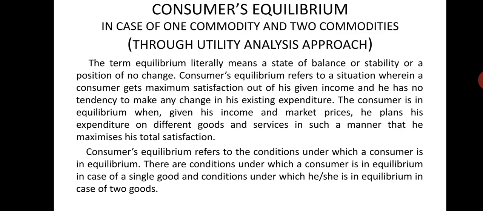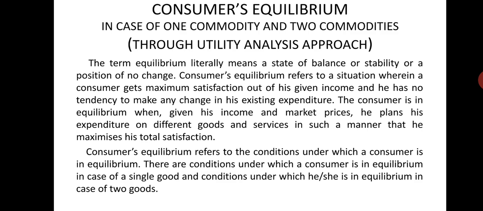When income and market prices are given, within his limited income and given market price, what should be his purchasing behavior? What should be his behavior in the market when he goes to purchase a commodity or more than one commodity, so that within his limited income, within his limited expenditure, he can get maximum satisfaction?